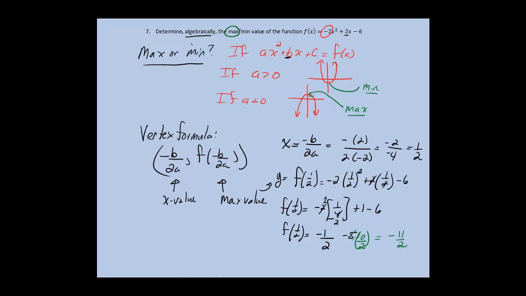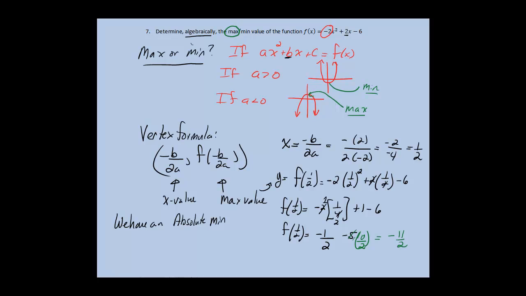So in summary, we know that we actually have an absolute min. It is the smallest possible value of our function.